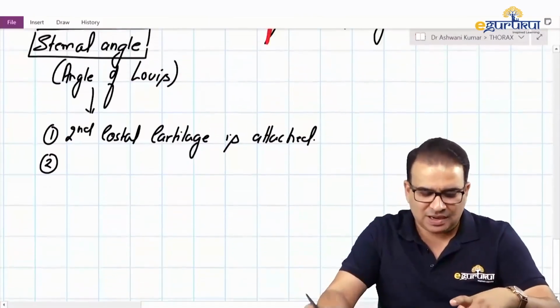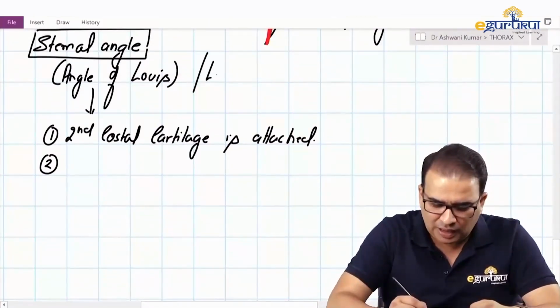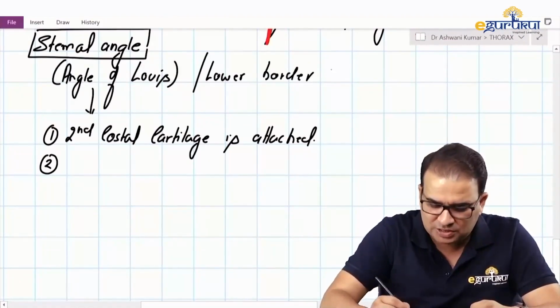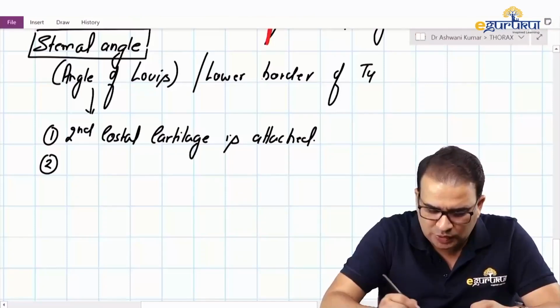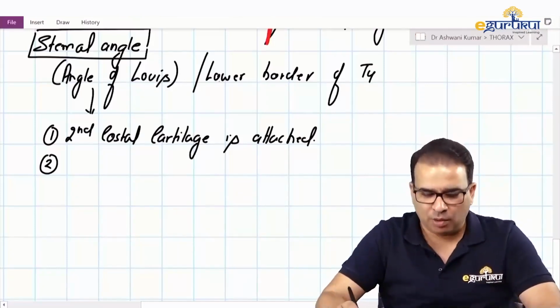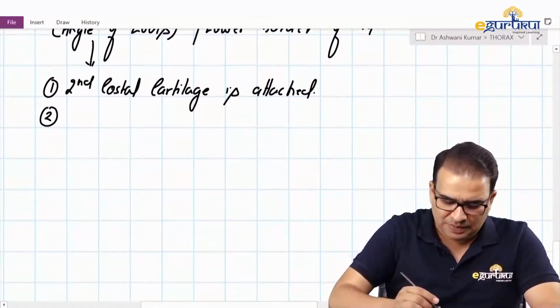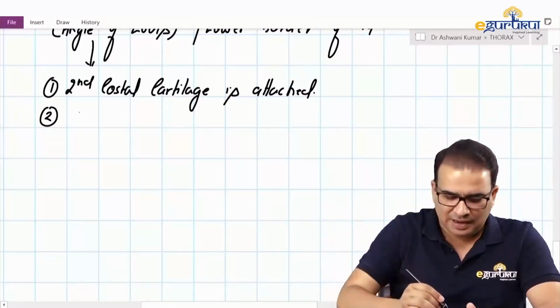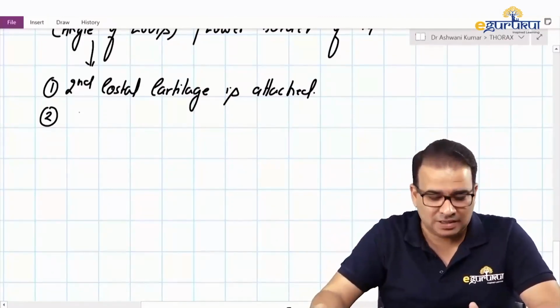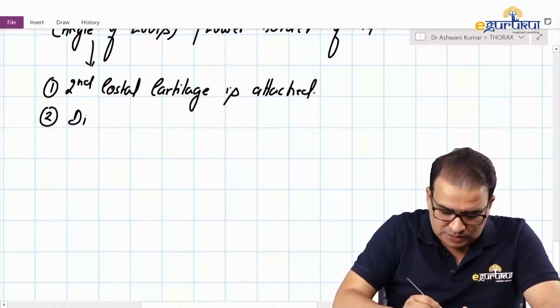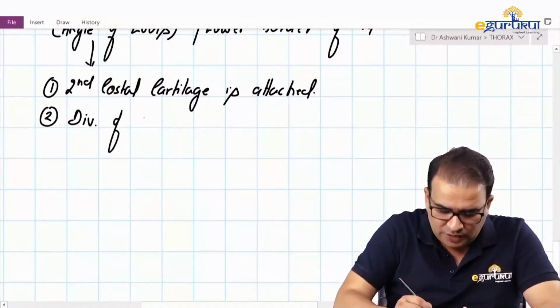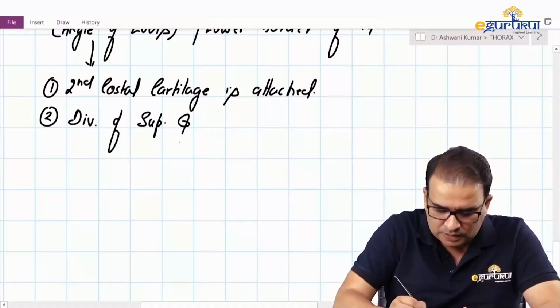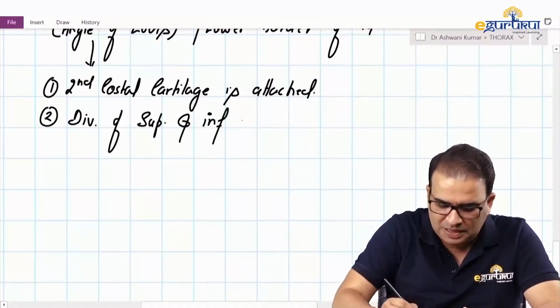So either you say sternal angle, or you say the level of the lower border of T4. What other changes will you expect to see at the lower border of T4? The other change we already saw: when we draw an imaginary line, it divides the superior and the inferior mediastinum. So this level here is the division of the superior and inferior mediastinum.